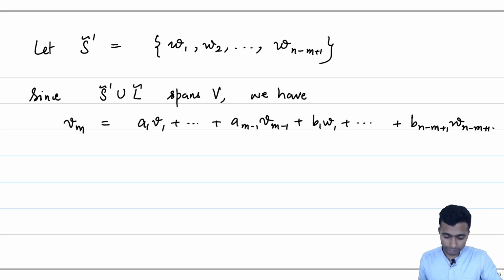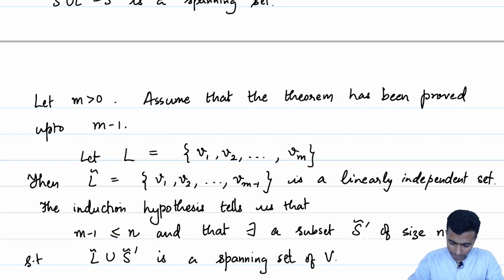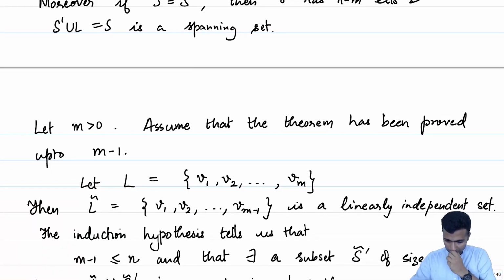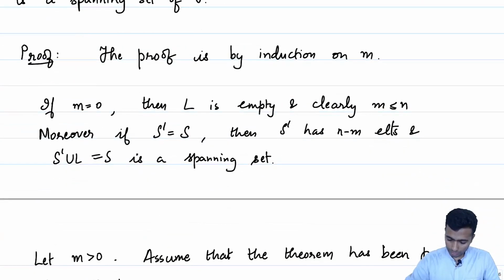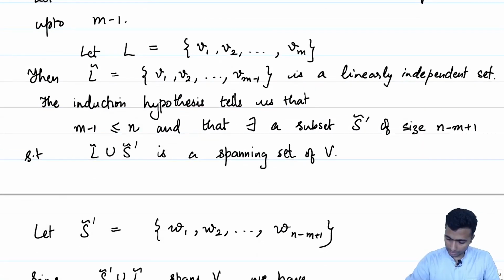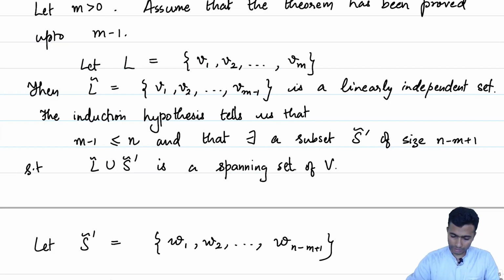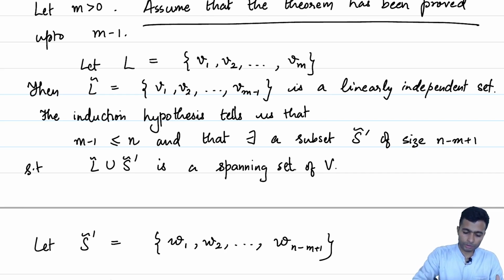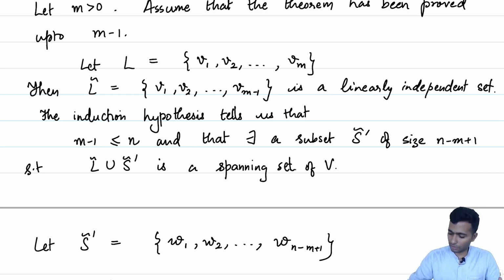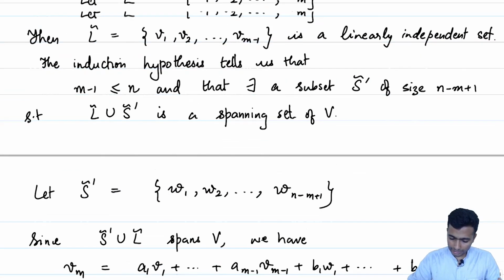Okay, let us now prove that m should be less than or equal to n. We have already noticed that m minus 1 is less than or equal to n, from the induction hypothesis applied to L tilde.